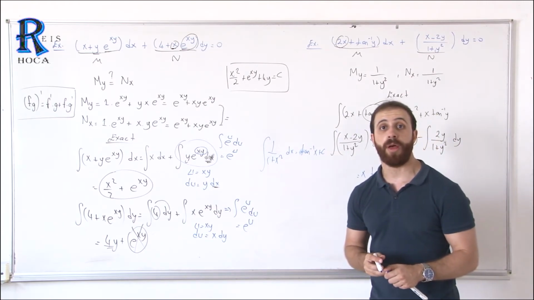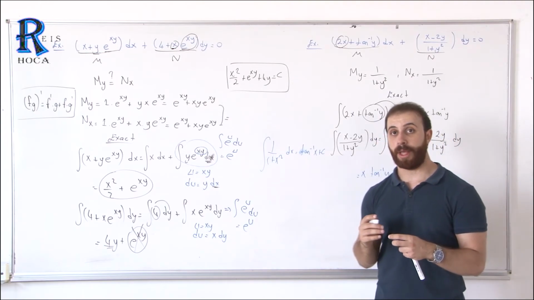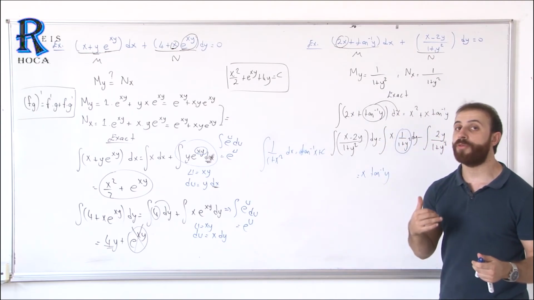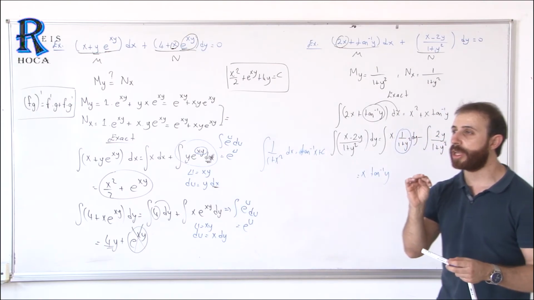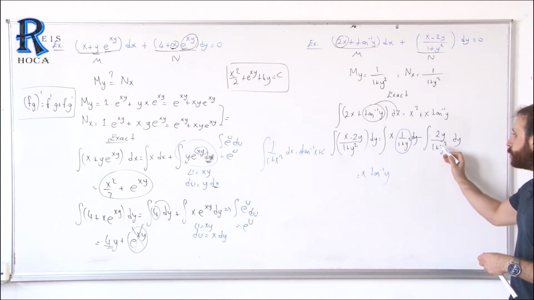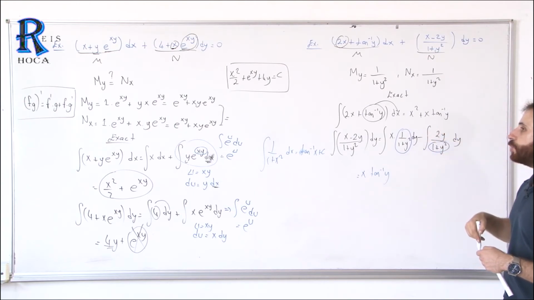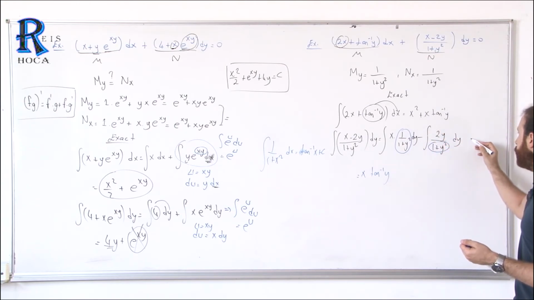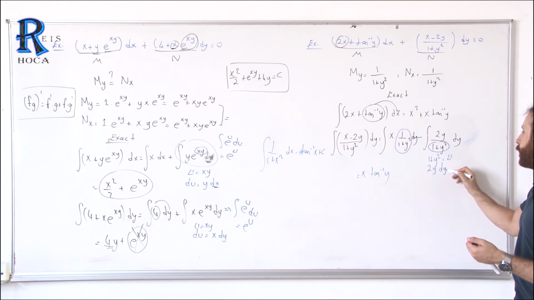Which integral technique do we have? Let's use substitution. I said many times, if you want, check the video for the substitution method in the topics of integration, especially if you have a function and its derivative, you have to use substitution. So 1 plus y square, its derivative 2y, the integral contains 2y, that's why we can use substitution. 1 plus y square equals u, its derivative 2y dy equals du.